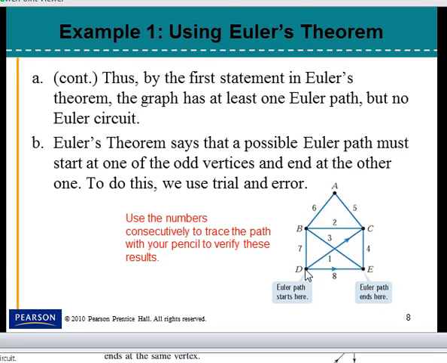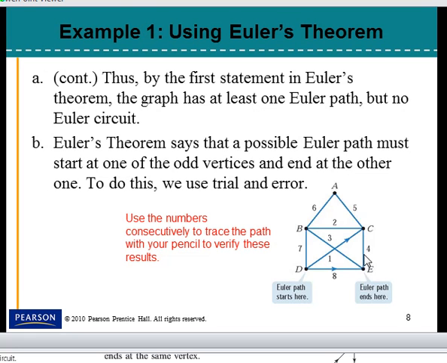We figured out that first you go, see the 1, that's number 1. That means first we go from D to C. Number 2, after that, we go from C to B. We haven't retraced any edges. Then after that, number 3, we go from B to E. We still haven't retraced any edges.